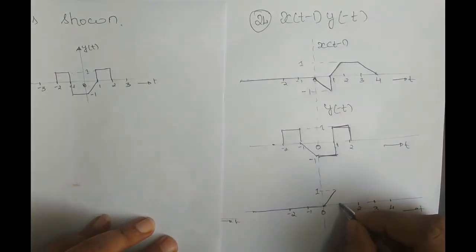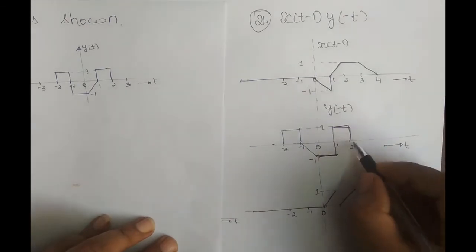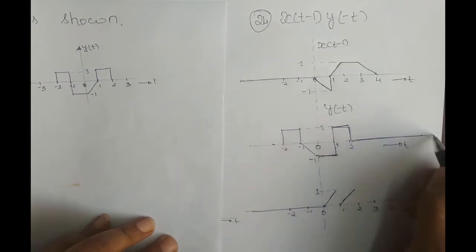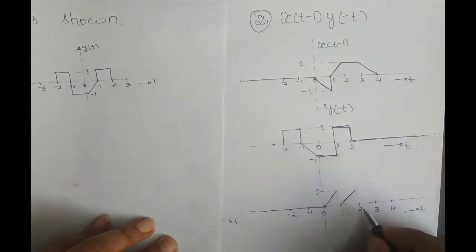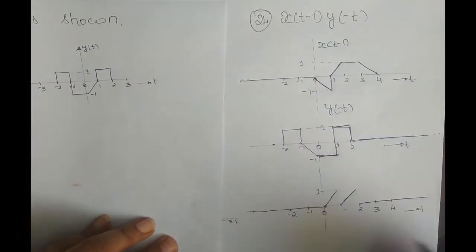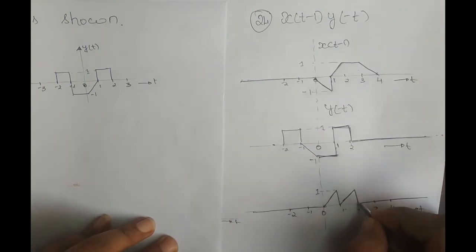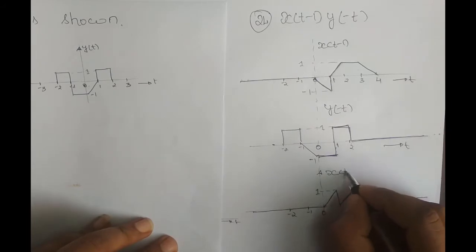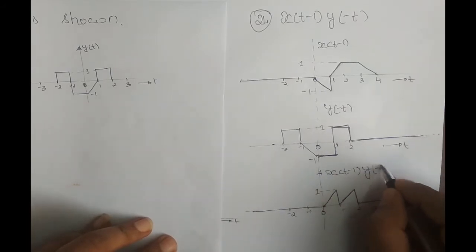So what do I get? I get positive slope like this. Okay, so for t from 2 to infinity, amplitude of this signal is completely 0, right? 0 times anything is 0. So I get this kind of sketch. What is this sketch? X of t minus 1 into y of minus t.